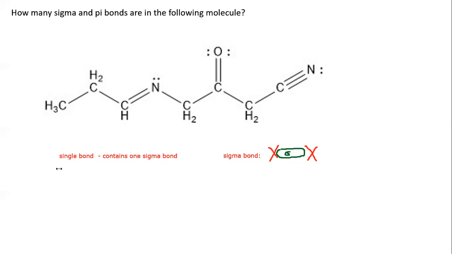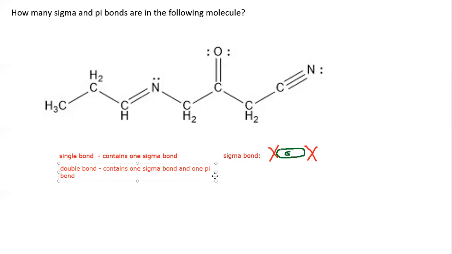Next we go to the double bond. A double bond contains one sigma bond and one what we call pi bond. Because remember, a double bond has 4 electrons. A single bond has 2 electrons.